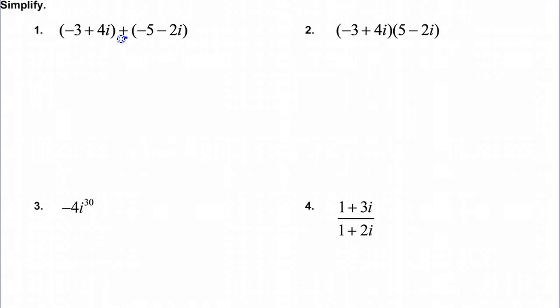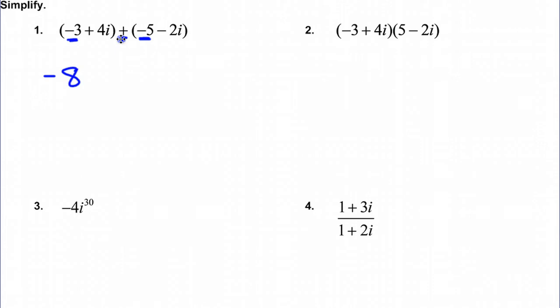In this setup, all we need to be aware of is that i's go with i's and constants go with constants. So it's basically like collecting like terms. We'll take the -3 and the -5 and combine those and we get -8.